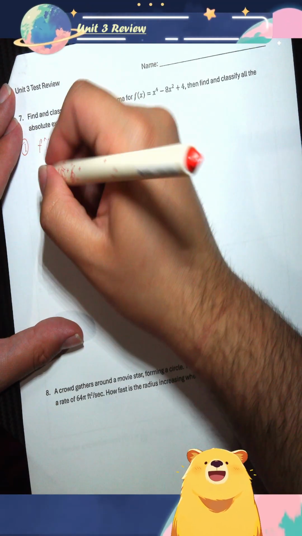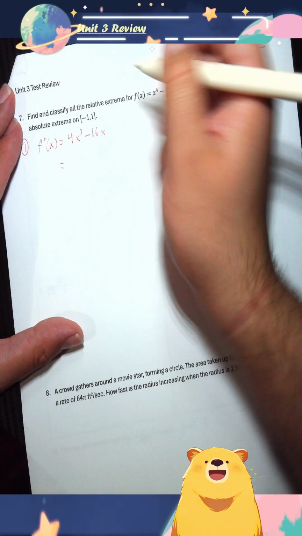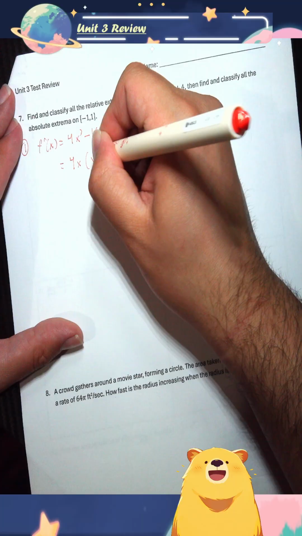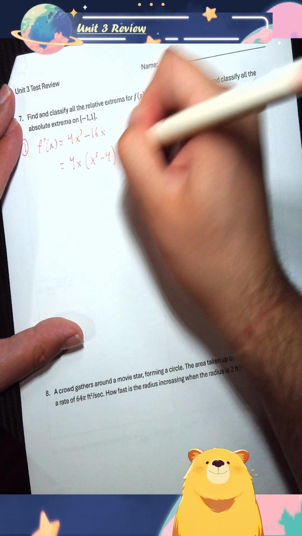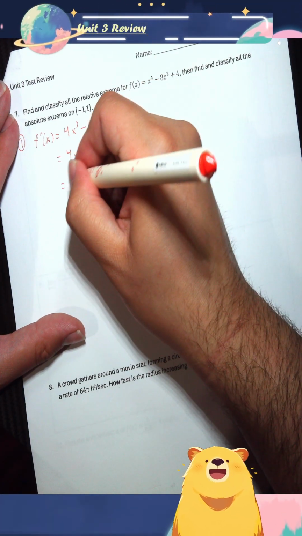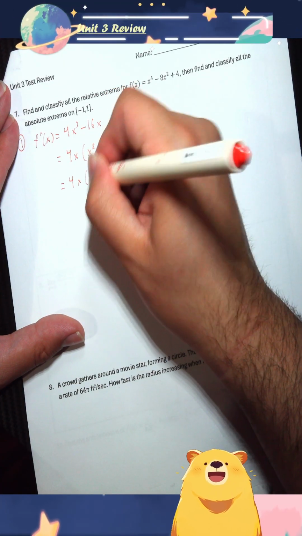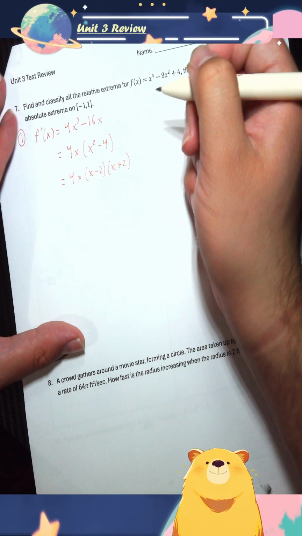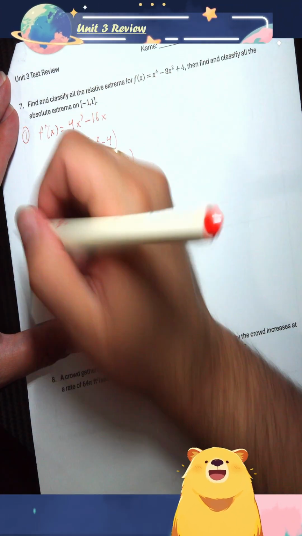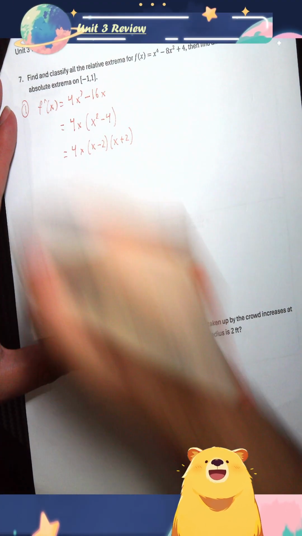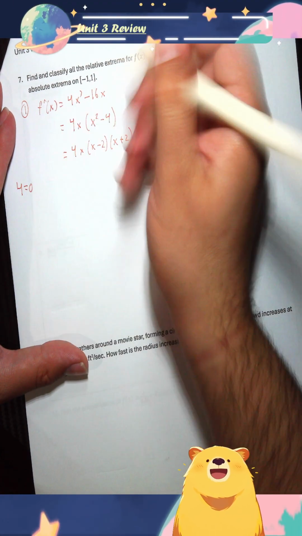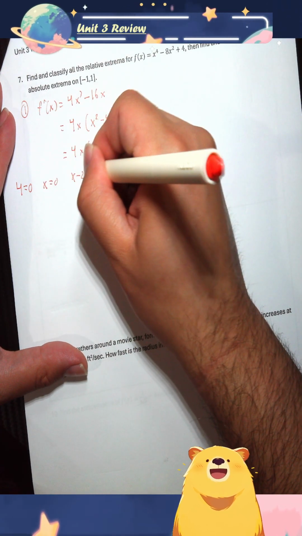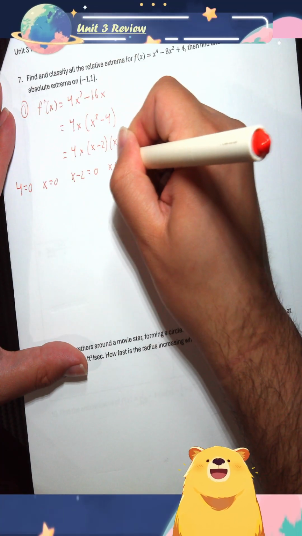From here, before I set equals 0, I can factor out 4 and an x to get x squared minus 4. And then I can use difference of squares to get x minus 2, x plus 2. So when you set this whole thing equal to 0, you'll have 4 options that equal 0. You'll have 4 is equal to 0, x is equal to 0, x minus 2 is equal to 0, and x plus 2 is equal to 0.